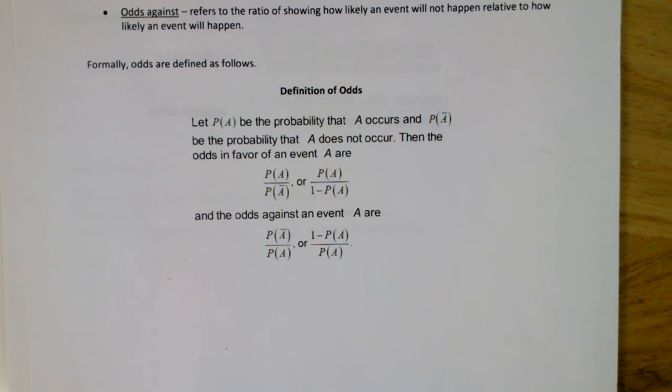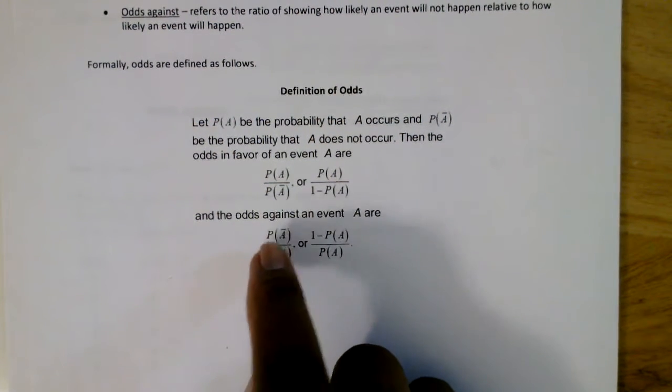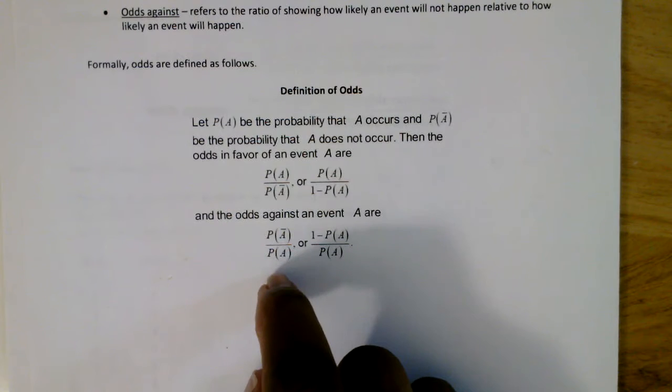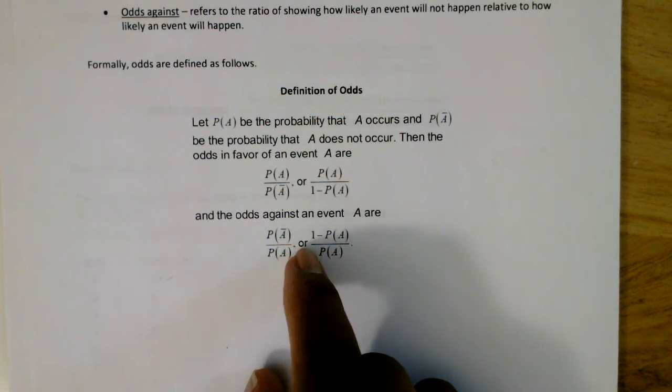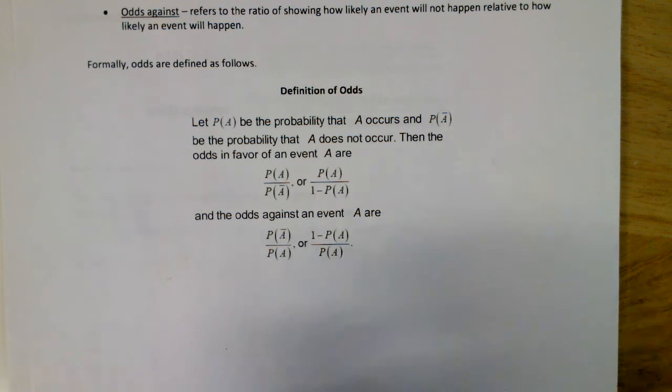And the odds against event A would be this. It's just a reciprocal, as you can see. Probability of A complement divided by the probability of event A, or we can say 1 minus the probability of event A divided by the probability of event A. So as you can see, these two are just reciprocals of each other.